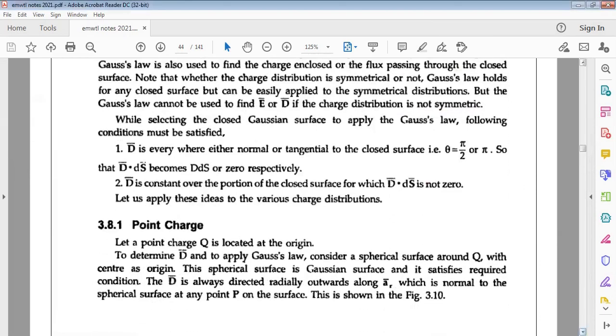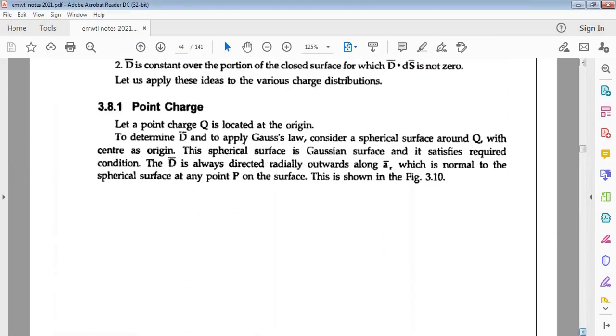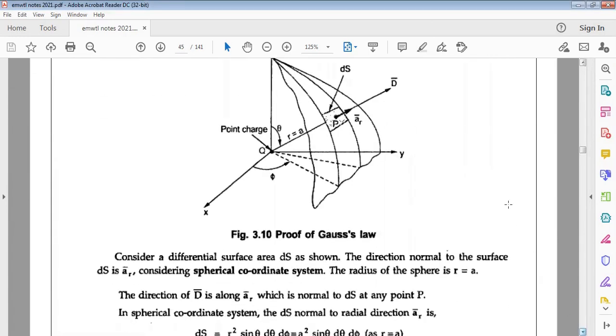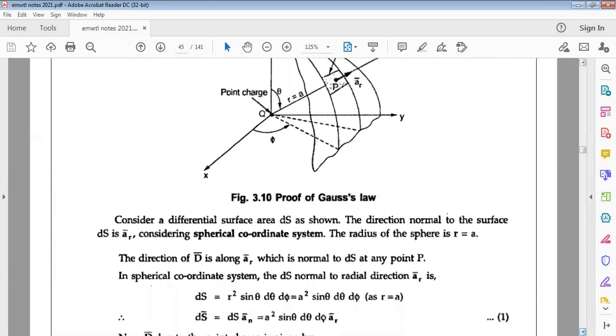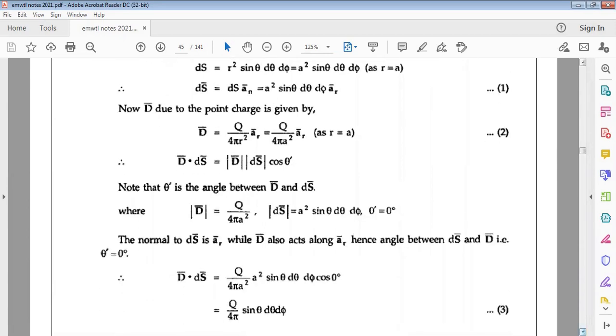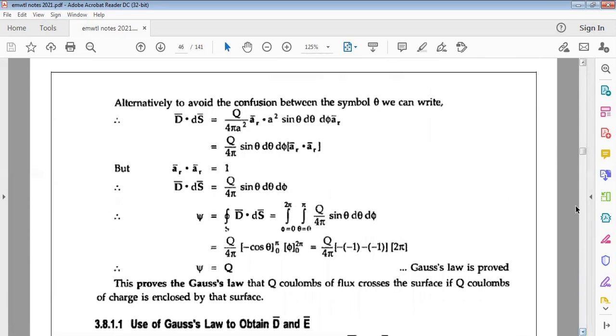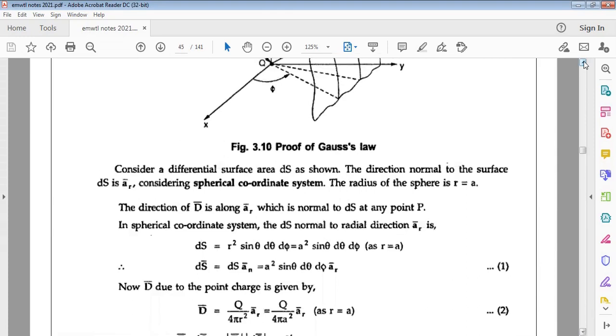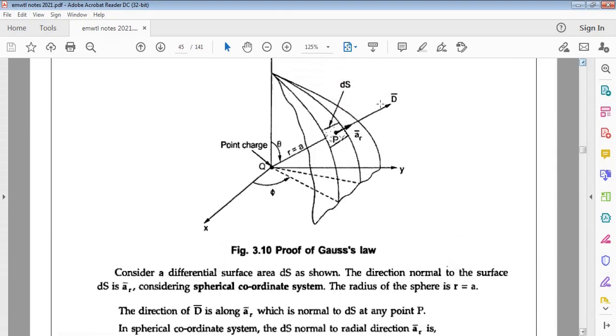Then let us see the electric flux for a point charge, using Gauss's law. Here we have the x-axis, y-axis, and z-axis.